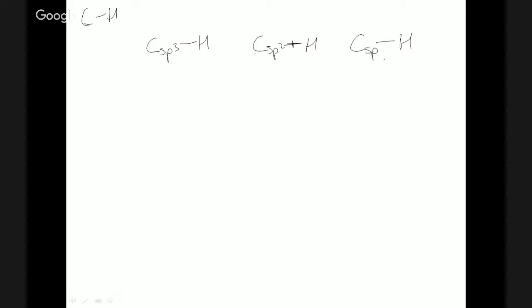Okay, a single, a double, a triple bond bound to an H. What's the trend here? It's not a big difference, but it's a difference. 1.11 angstroms, 1.10 angstroms, and 1.09 angstroms. Subtle, but enough.